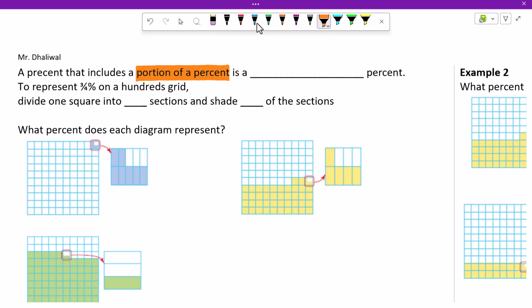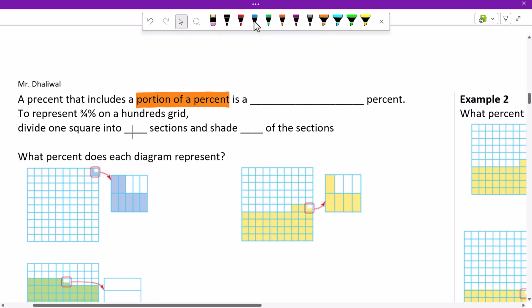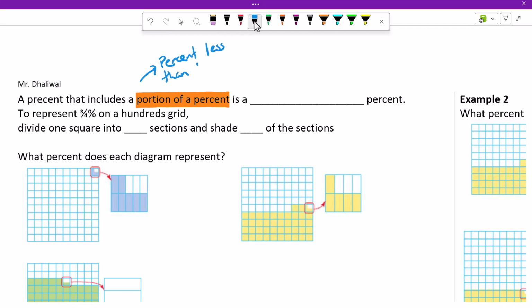That means percent less than 1, right? That's what a portion means, portion of percent, right? This is what we call a fractional. Fractional? Yeah, fractional percent.